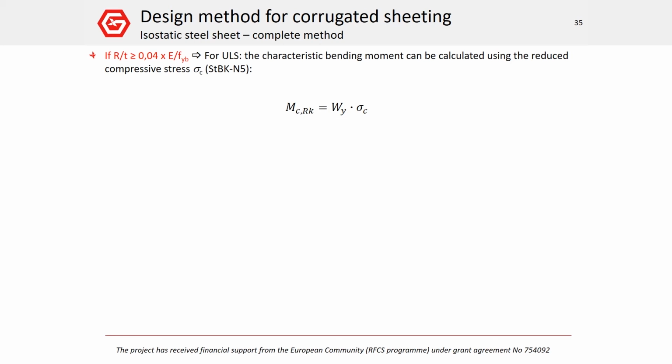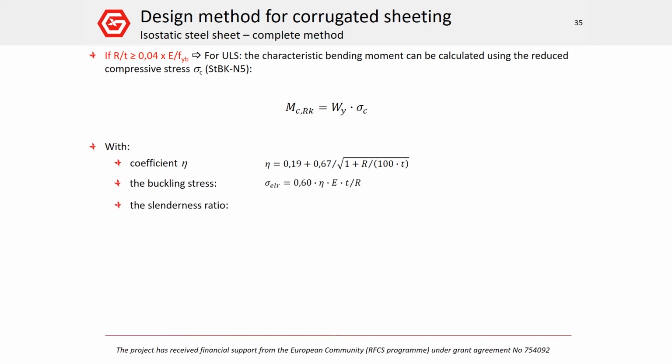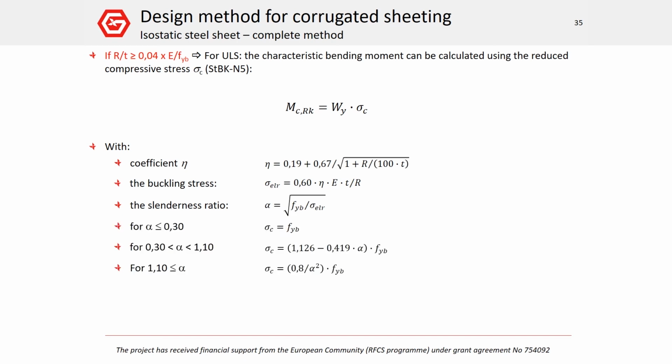To determine this reduced stress, it's necessary to first calculate an eta coefficient depending on the geometrical aspect of the corrugated steel sheet. Secondly, knowing eta, the buckling stress can be estimated and the slenderness ratio alpha in consequence. Finally, the value of the reduced stress is deduced as a function of alpha.